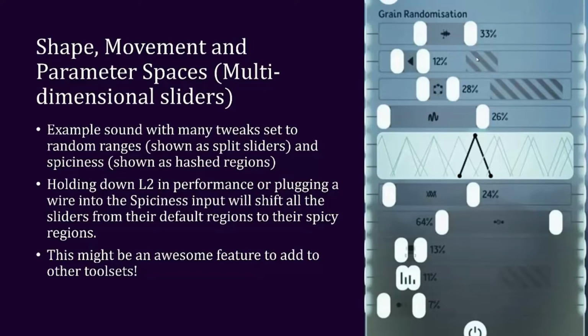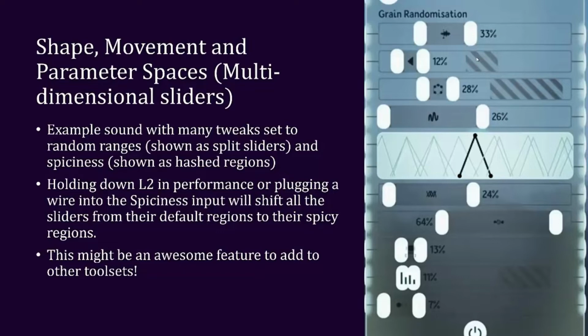But some of these sliders, you can see, have these crosshatch diagonal patterns on them, and that's what we call spiciness. Spiciness is another range you can set on the same slider, by holding down a different shift button, which is L2, the left trigger. And it's a range where from then on, whenever I hold down L2 during performance, all of these parameters will blend to it.